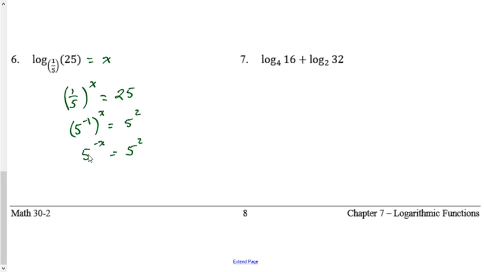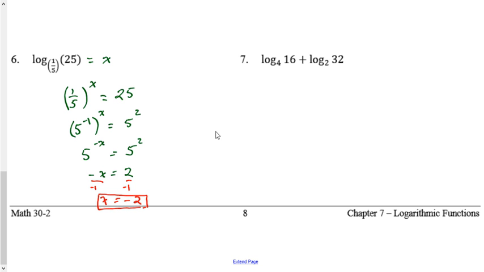Power equals power, base equals base, so the exponent, negative x equals 2, and when I divide out that negative 1, I get that x is equal to negative 2. And there's my answer for question 6.